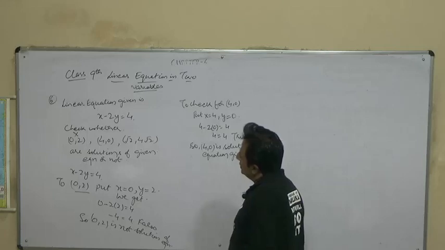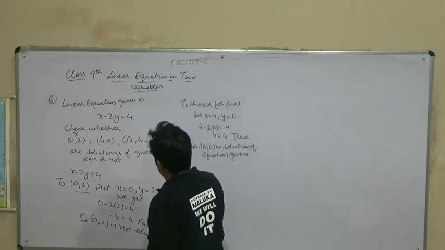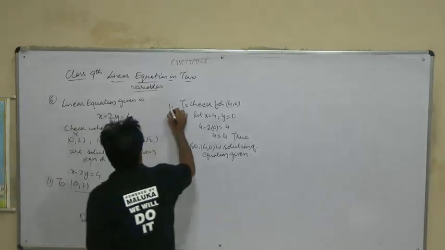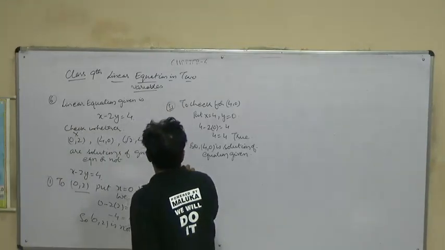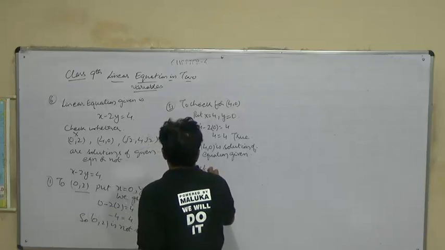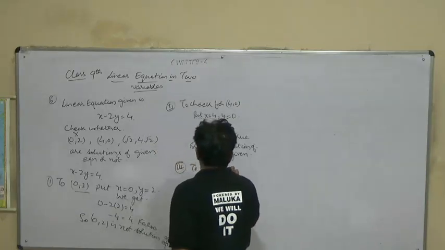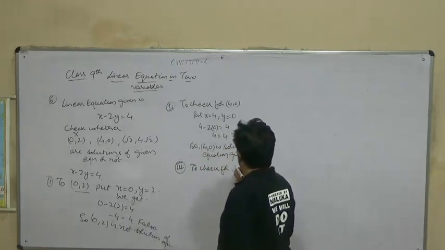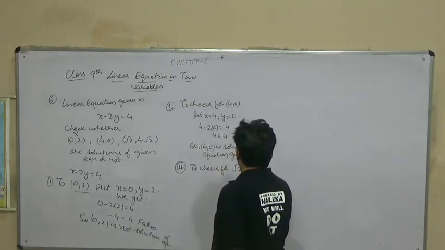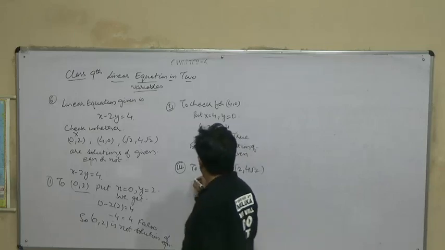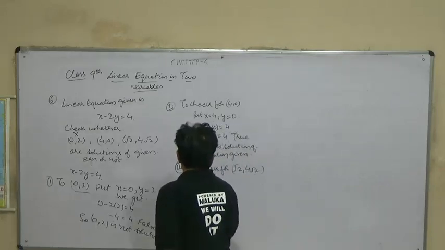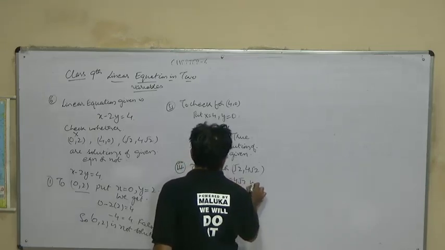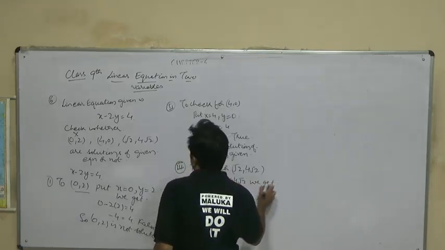Then third is to check for (root 2, 4 root 2). We put x is equal to root 2, y is equal to 4 root 2. So what do we get here?